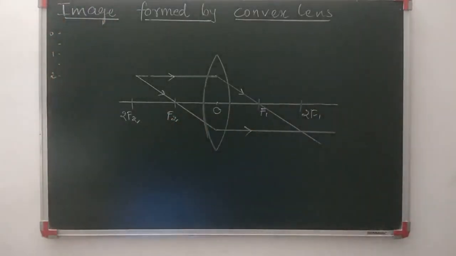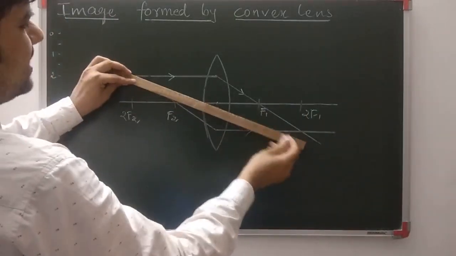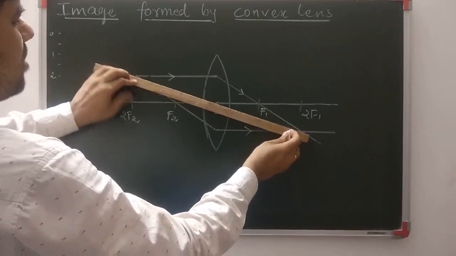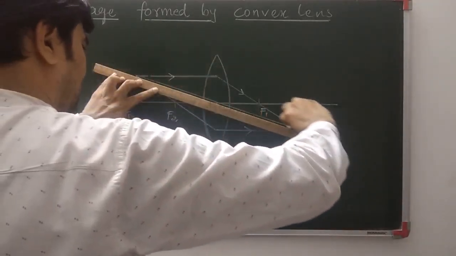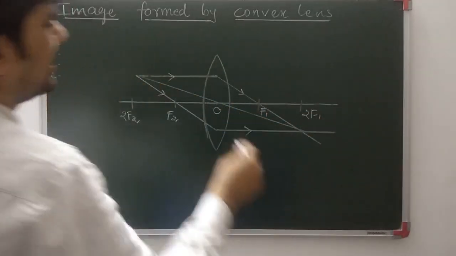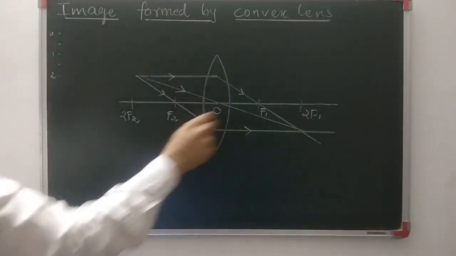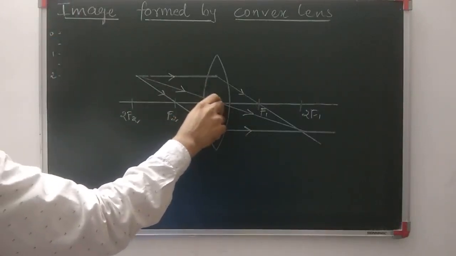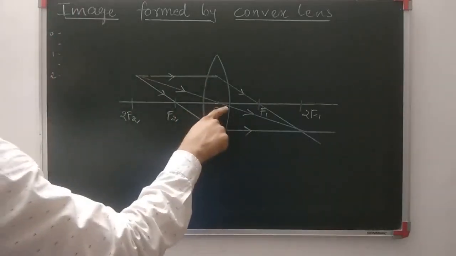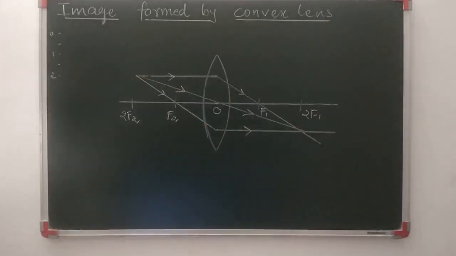This is the refracted ray. Now let's see the third condition. If the ray is passing through the optical center, it goes straight without any refraction.